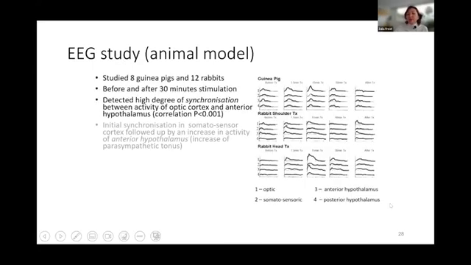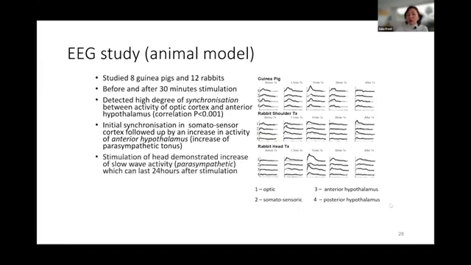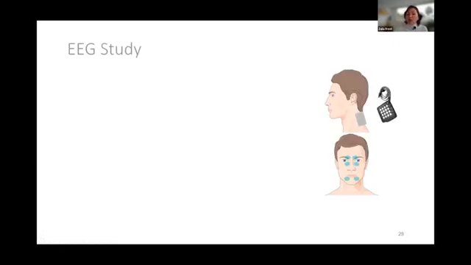An EEG animal study proved that we have a very profound stimulation of the parasympathetic response, especially when we apply InterX to the head of the animal. Yes, we get stimulation in the optic, somatosensory area, anterior, posterior hypothalamus, which stands for autonomic regulation.